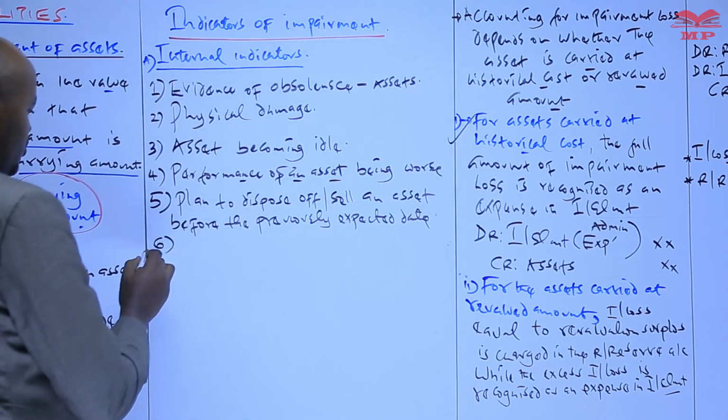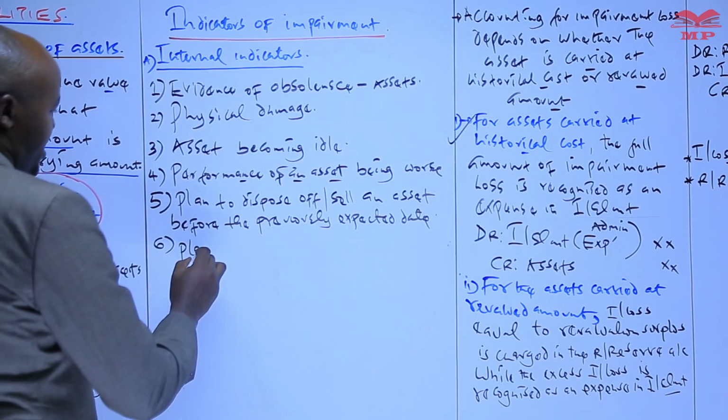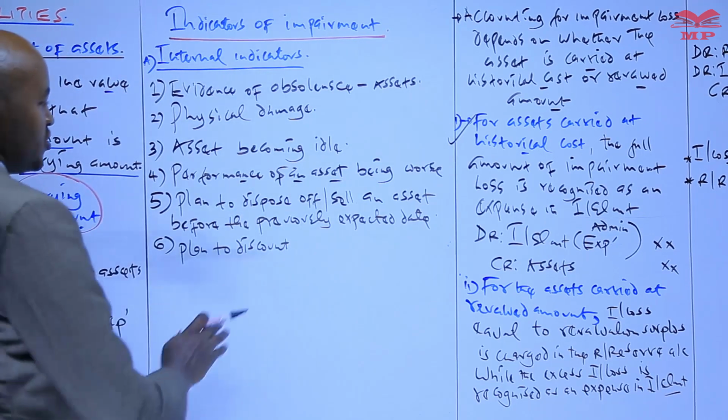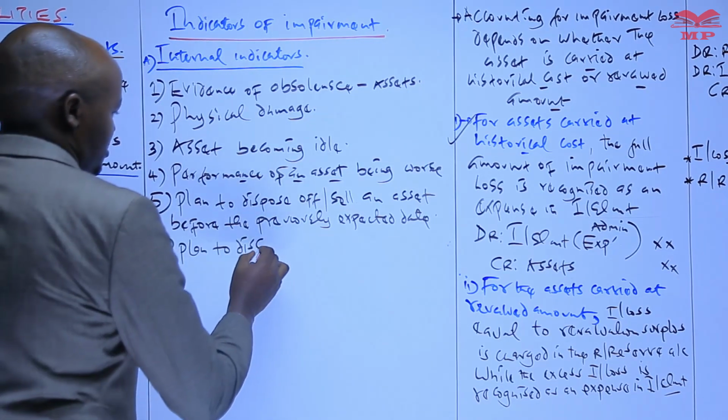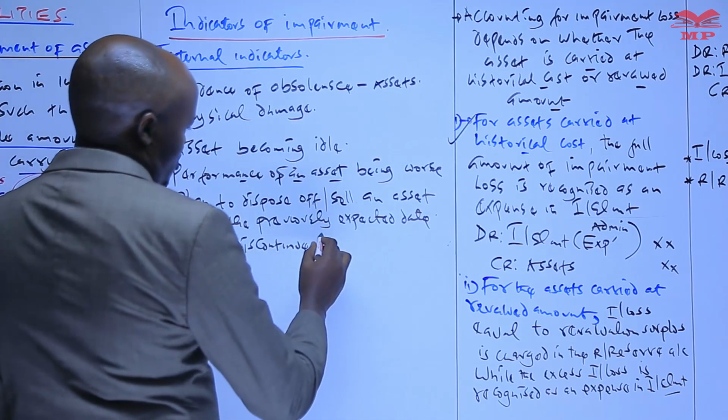The other factor which shows that the asset could also be impaired is the plan to discontinue the operation.